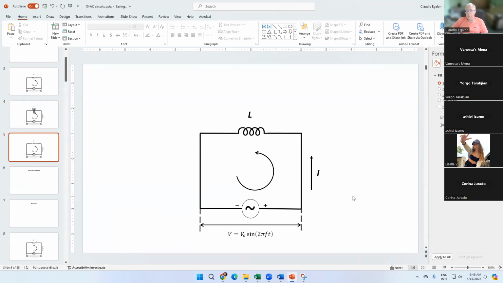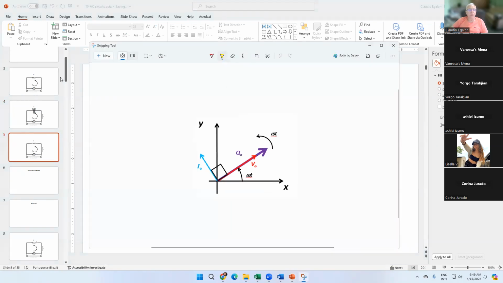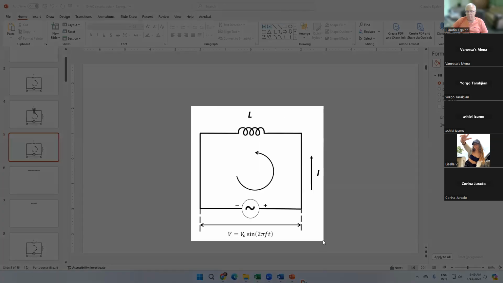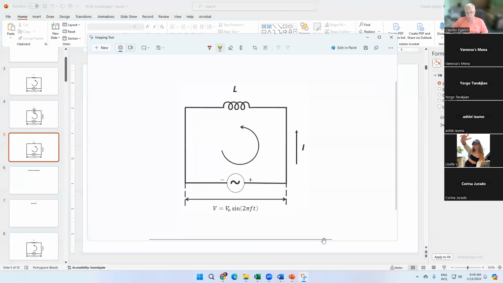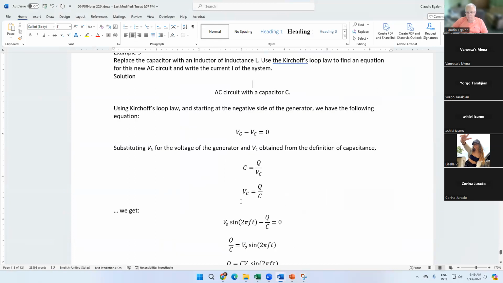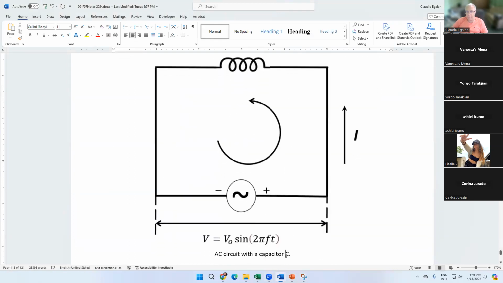Current here. So let's say at this instant of time, we have the current in this direction. I can copy and paste right in here: AC circuit with an inductor L.